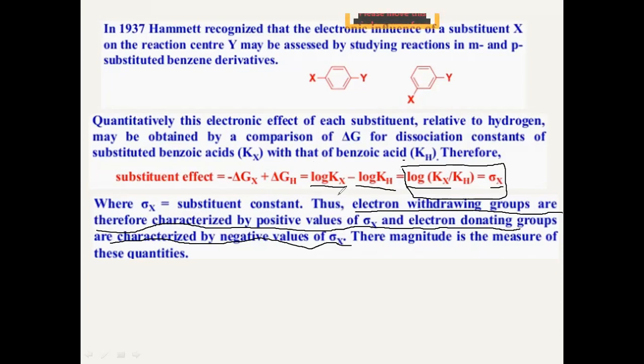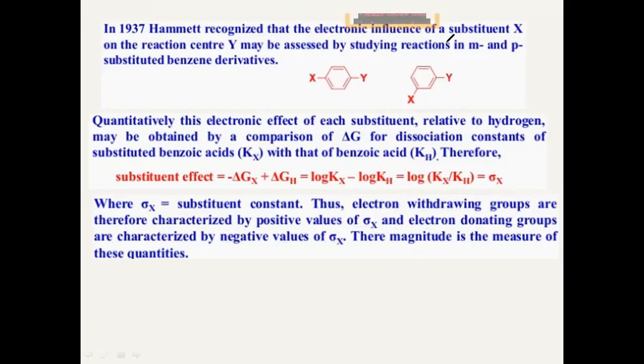And log kx is what? The equilibrium constant for substituted benzoic acid. And if we also see in our table that if x is an electron withdrawing group, then benzoic acid will have more ionization, meaning the K value will be large. K value will be large. Okay, fine. I hope you have understood.